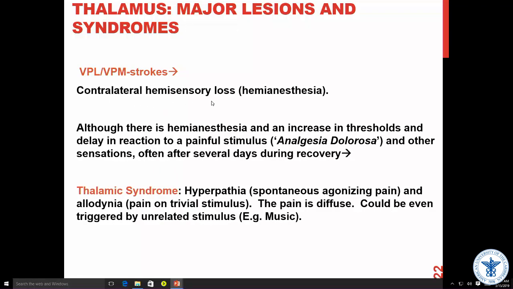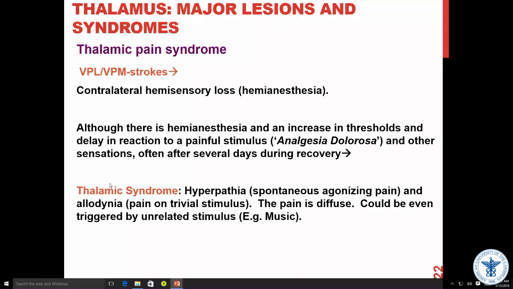That's the immediate effect. But unfortunately, when people have VPL, VPM strokes, over a period of time, there are some problems some people get into, and that's why we're talking about it here. They develop a condition which is called thalamic syndrome, also called thalamic pain syndrome. It has got another name also, but we'll not get there. It's called thalamic pain syndrome.